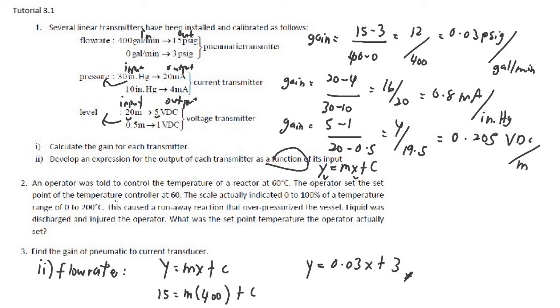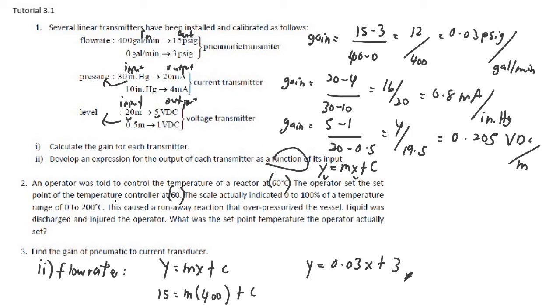Okay, let's read the question first and take out the important information. We can see here an operator was told to control the temperature at the reactor at 60 degrees Celsius. The operator set the set point at 60%.